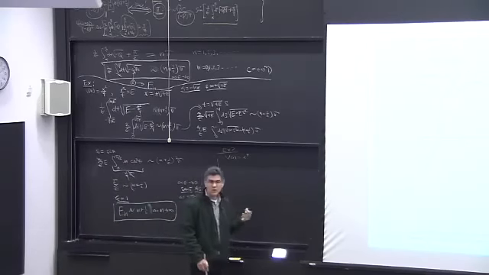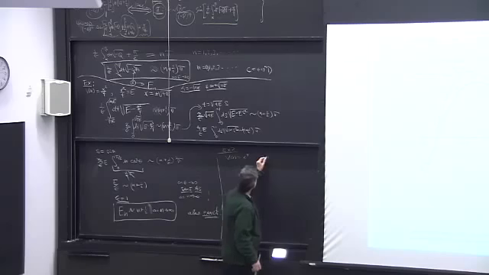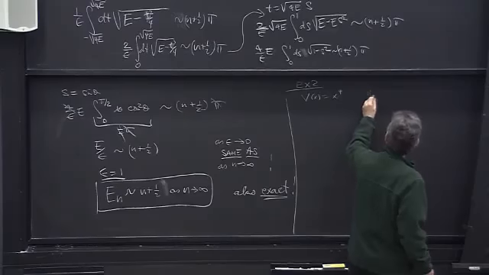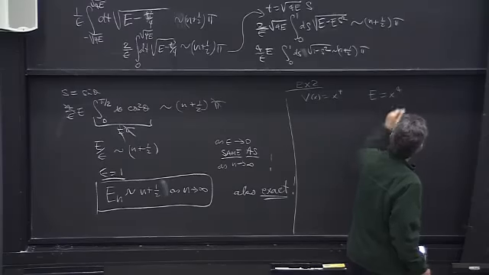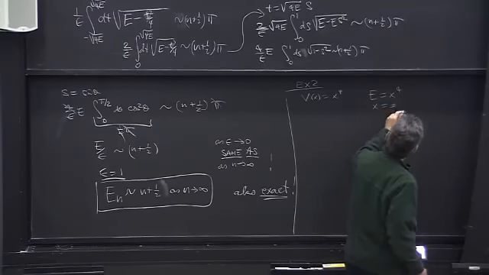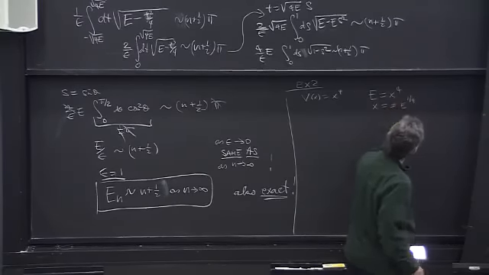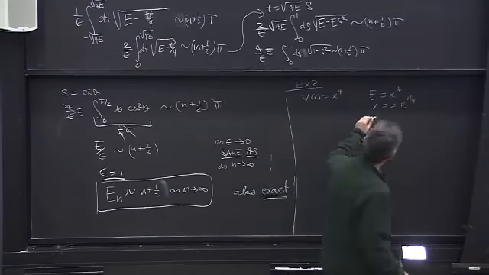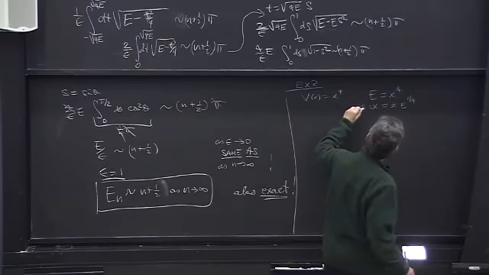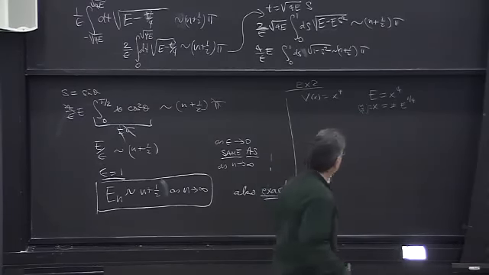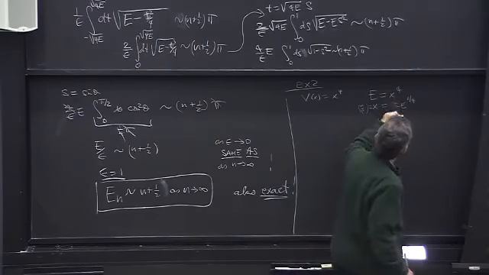We need to find out where E is equal to V. So E is equal to x to the fourth, so x is equal to plus or minus E to the 1/4 power. That's where the turning points are. So these are alpha and beta, or beta and alpha, minus or plus.